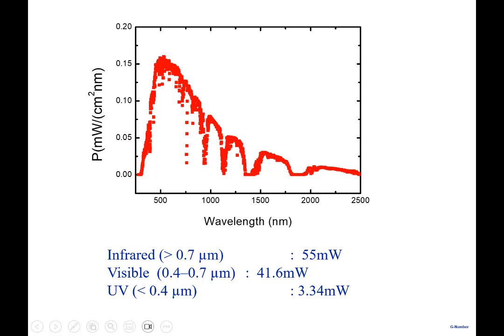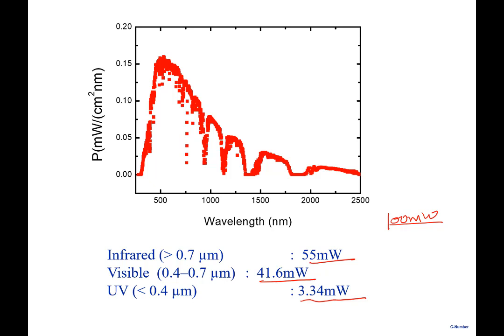Out of 100 milliwatt, 55 milliwatts is in the infrared in the sun's radiation. 41.6 milliwatt is in the visible region, 0.4 to 0.7 micron. And UV is a small part, 3.34 milliwatt. So that's the distribution of solar radiation: 55, 41.6 and 3.34.